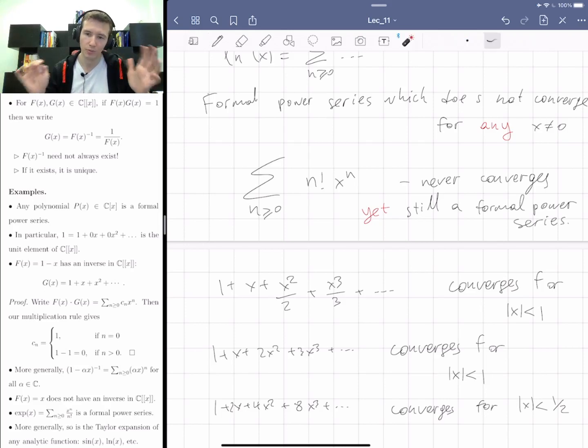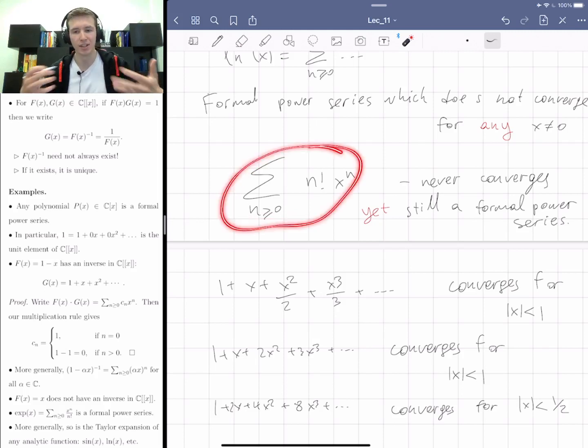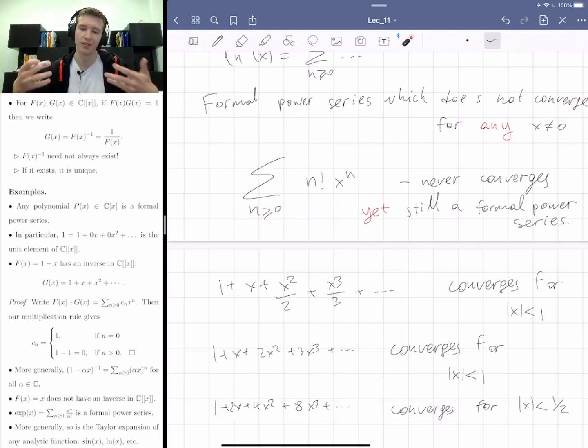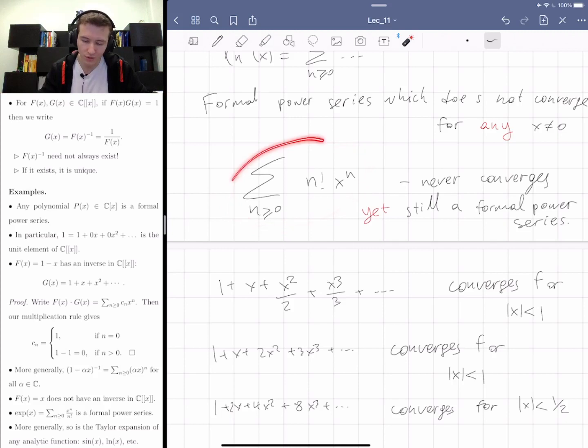All right, so the bottom line is that we don't really care about convergence at all. If we say that something is true for all formal power series, it has to be true for this guy as well, so you can't really apply any formal results from calculus to this series.